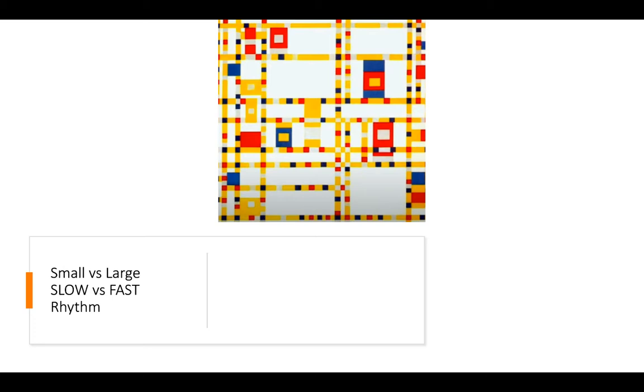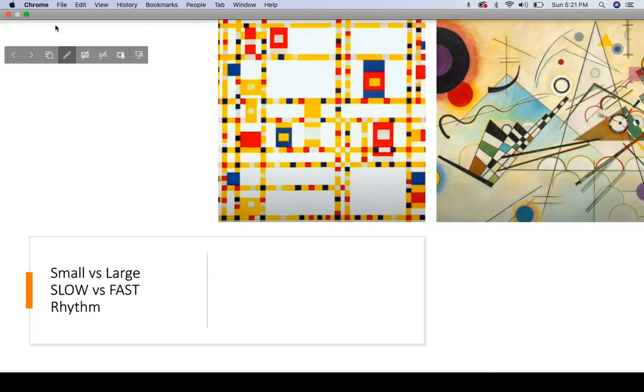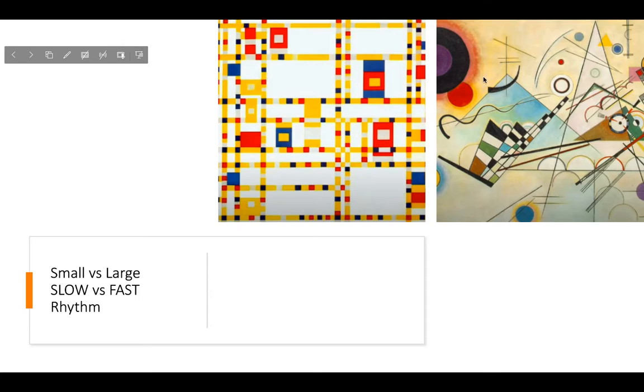Can you see it? You're going to jump around to see the different elements in the image. But if your elements are large, your eyes will jump around loudly. You have a lot of large elements, so it's going to be very loud and you're looking all around.